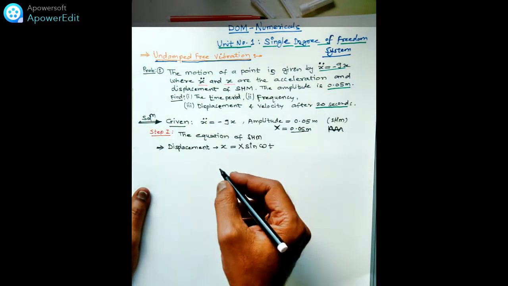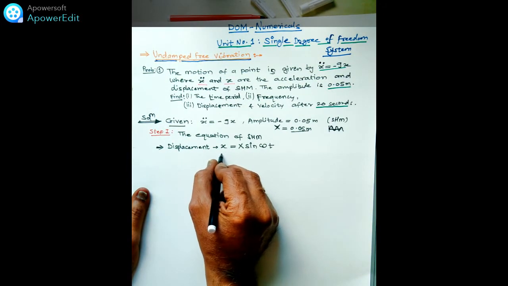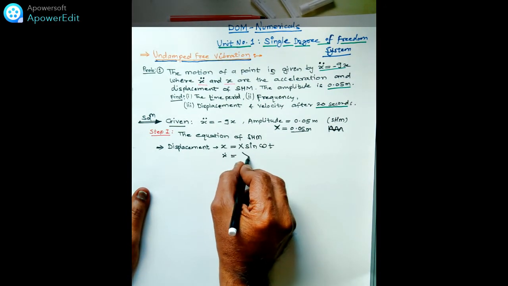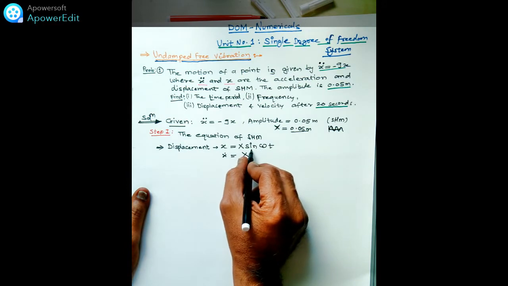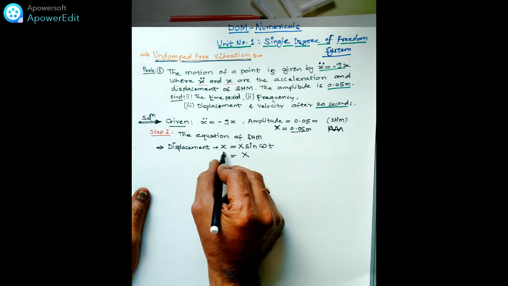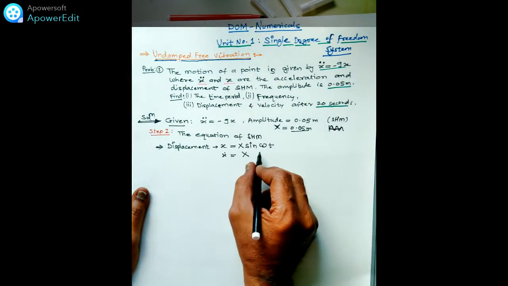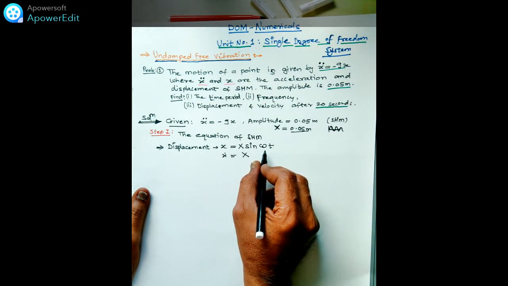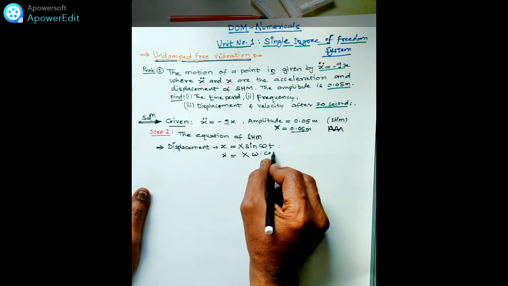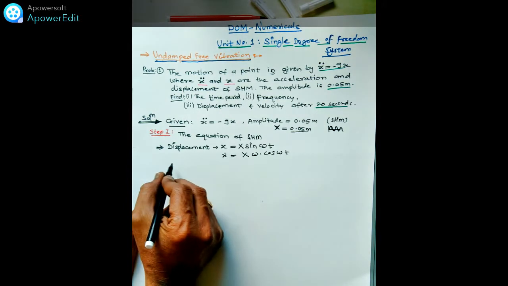How to find out the velocity then? The rate of change of the displacement, x dot, that is dx by dt, is equal to capital X, differentiating this displacement equation. X is written here as it is. Differentiation of sin omega t gives omega into cos omega t. So x dot is the velocity.